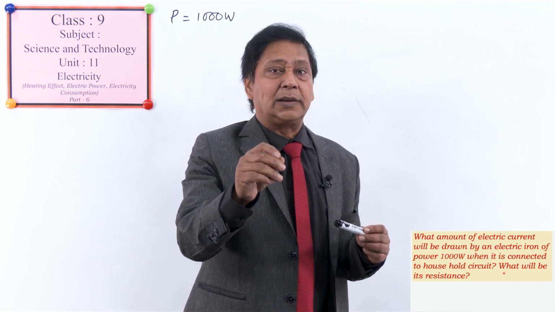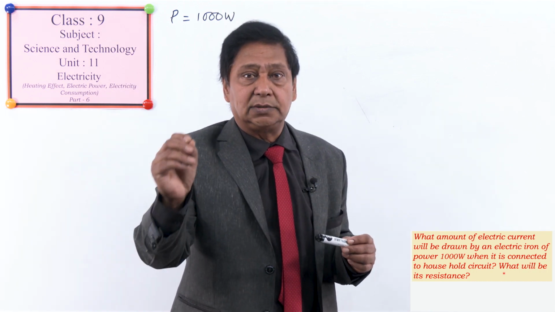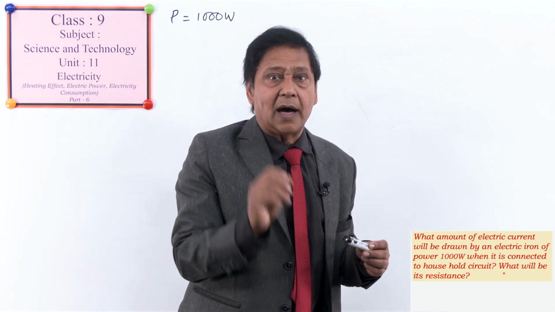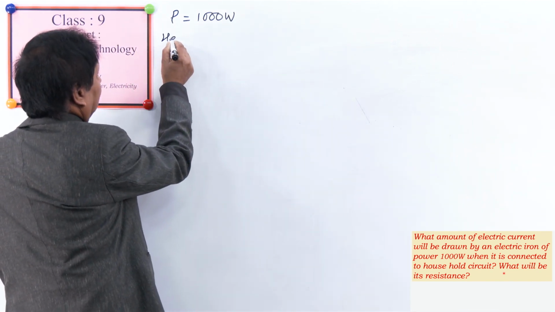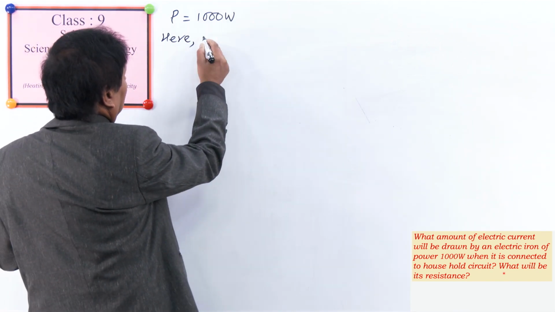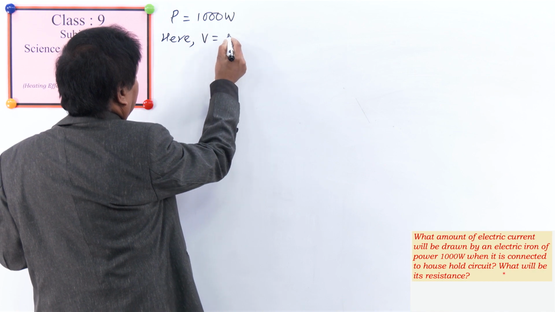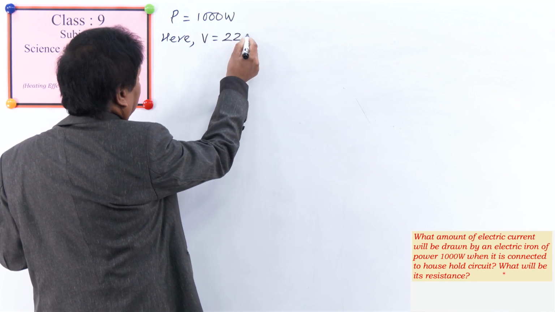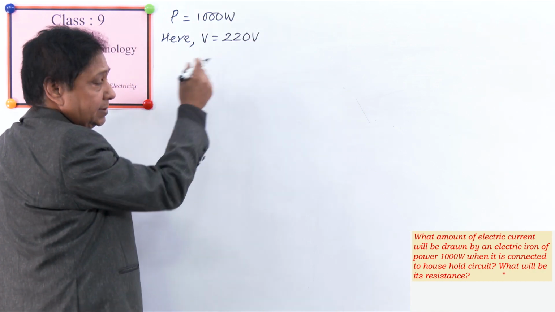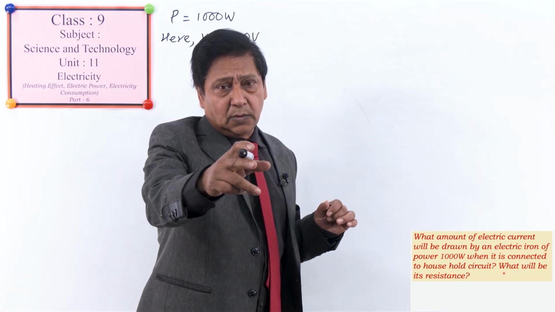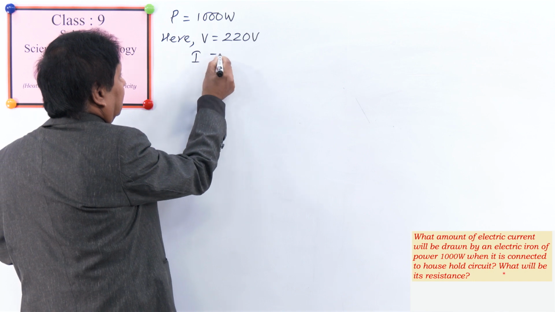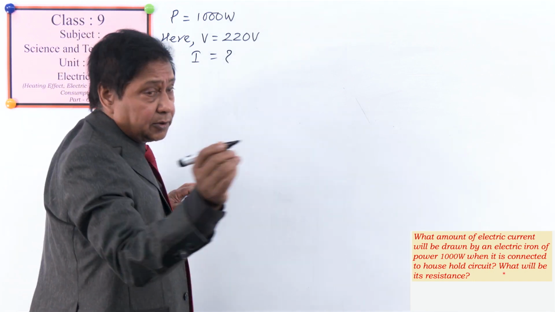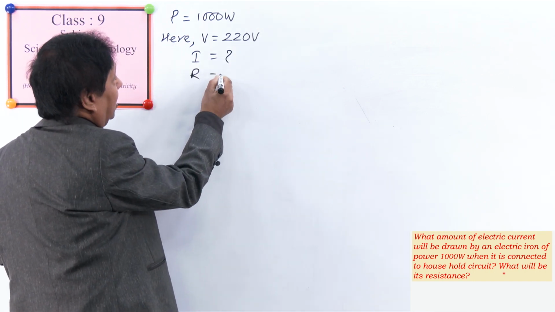For the flow of 1 coulomb charge, 220 joule energy circulates in a household circuit, and that's why we can write here potential difference V is equal to 220 volt. We know this. And what is the question? What amount of electric current?